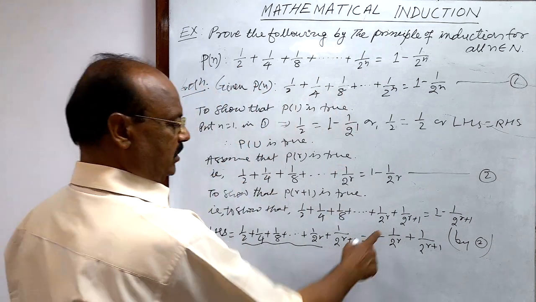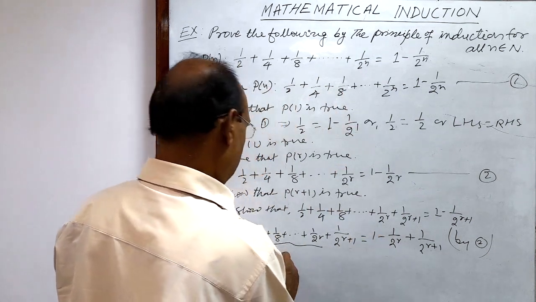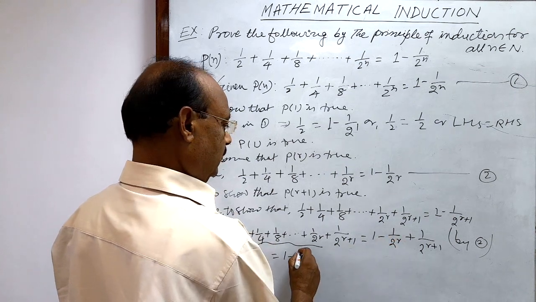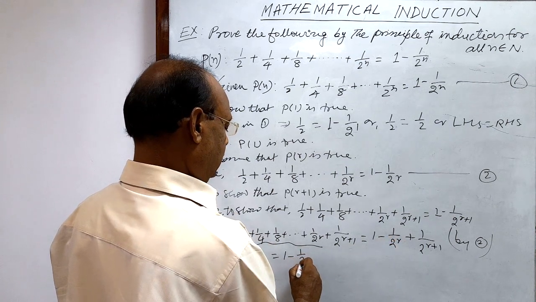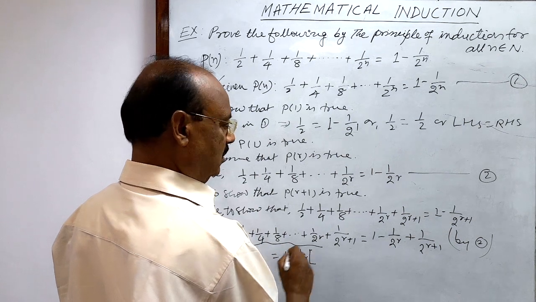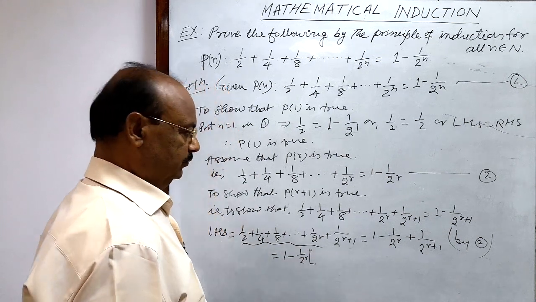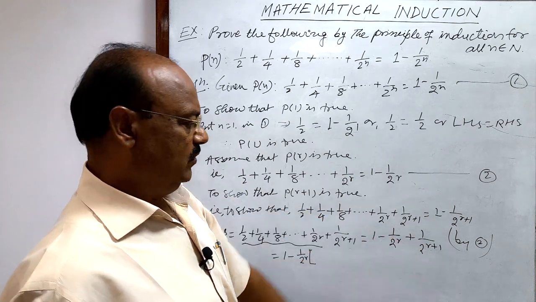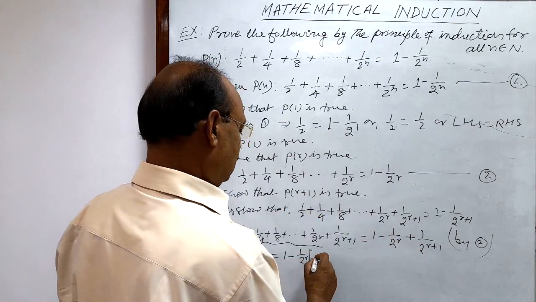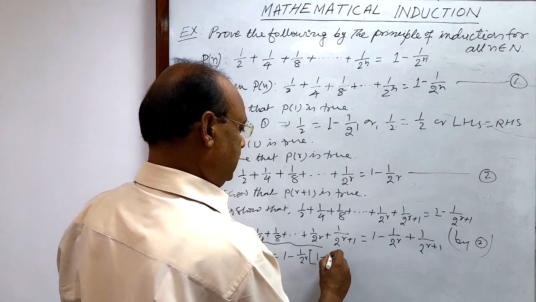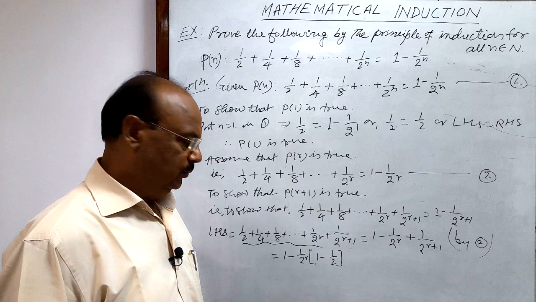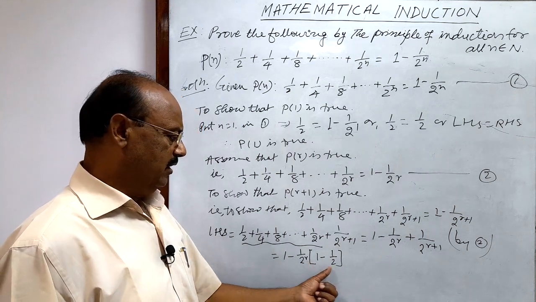Now simplify it. So this is equal to 1 minus, let us take 1/2^r common. Here 2^r is there, and this is also 2^(r+1). So if 1/2^r is common, this is 1 minus 1/2. I hope this is clear. This is 2^r and this is 2.